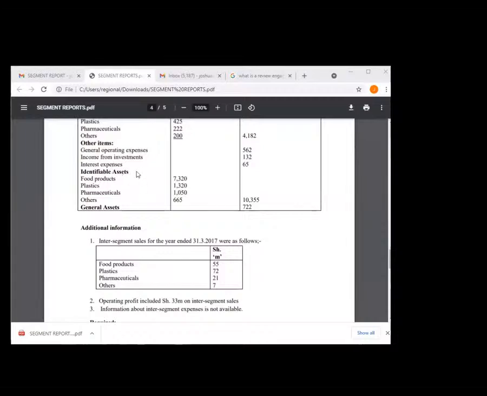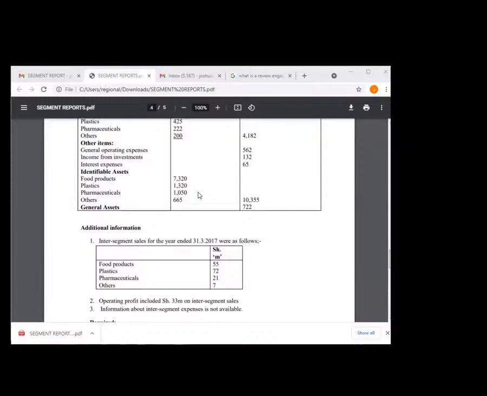Food, 7320. We have plastics, how much? 1320. Then we have pharmaceuticals, identifiable assets, 1050. And then we have, ladies and gentlemen, the last one, other segments.